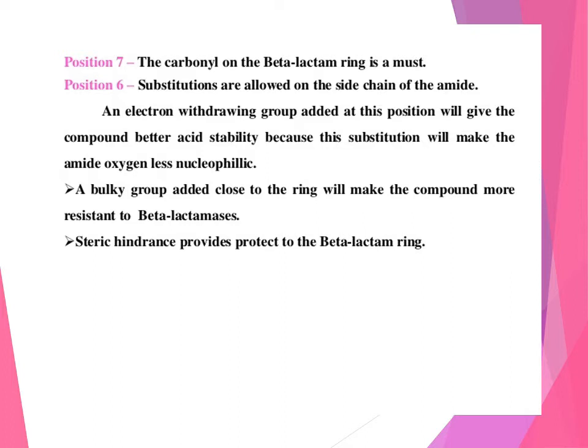But if there is an addition of a bulky group, malaking group, added close to the ring, this will make the compound more resistant to beta-lactamases. And steric hindrance on position number 6 provides protection to the beta-lactam ring.